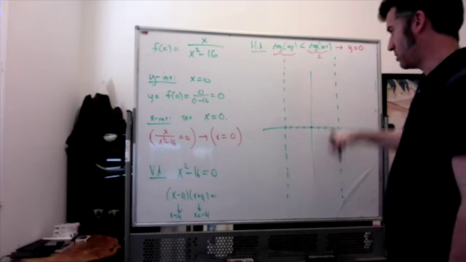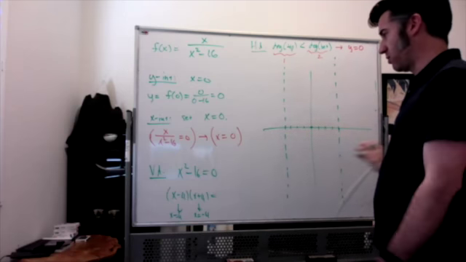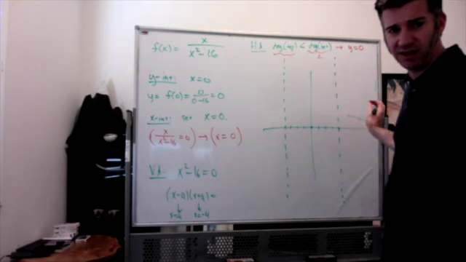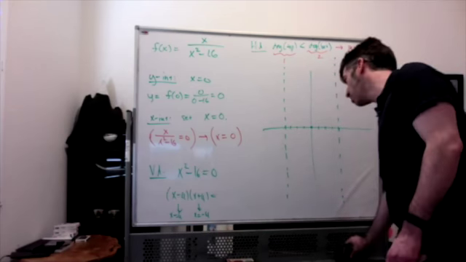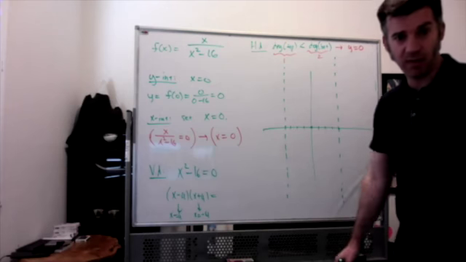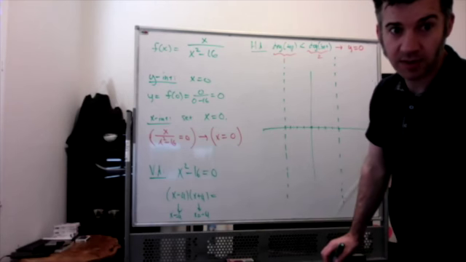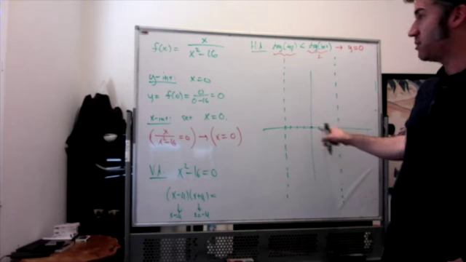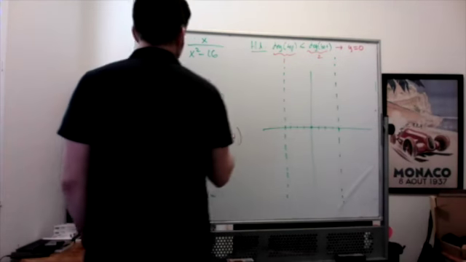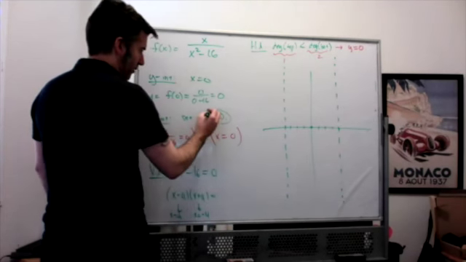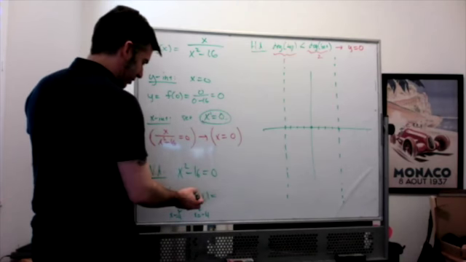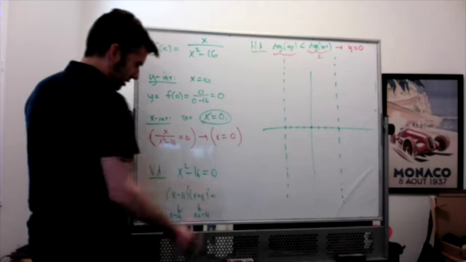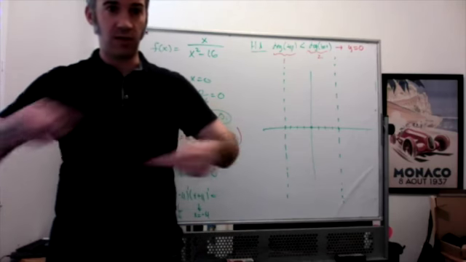So vertical asymptotes at -4 and 4, horizontal asymptote y equals 0. You shouldn't draw that in because it's already there. The problem is I don't know if I'm above or below the x-axis. I do know that at my x-intercept, which came from odd multiplicity, we're probably going to cross. And my vertical asymptotes also both have odd multiplicity, so one side's up, one side's down.